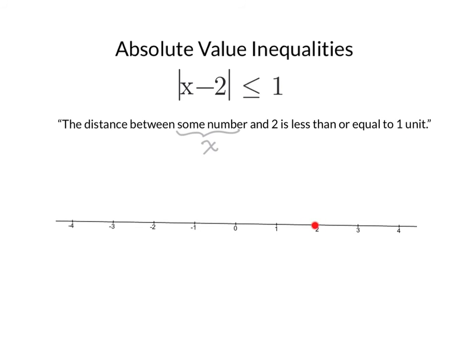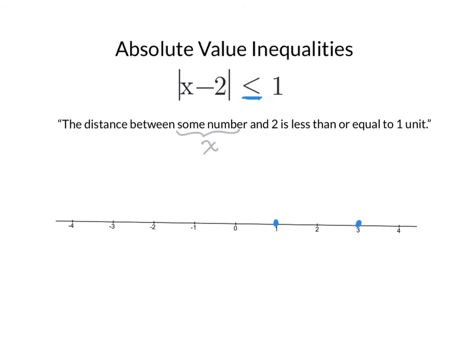So if this is 2, and I want to be less than or equal to 1 unit away, then I could go here. This is less than 1 unit away from 2. I could go over here. This is less than 1 unit of 2. As soon as I get past 3, though, this is more than 1 unit away. So this would not count. So really what we've got, because it's got that line underneath it, we're going to have closed circles here.